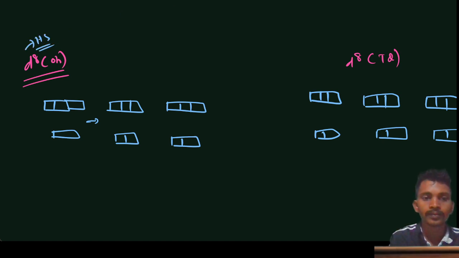So fill the electrons with the two: 1, 2, 3, 4, 5, 6, 7, 8. So if I do the electron transition, then 2 transitions are possible, and for the hole also 2 transitions are possible. So anyone I can take.